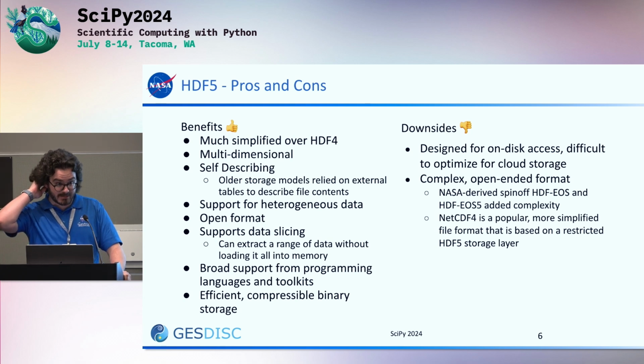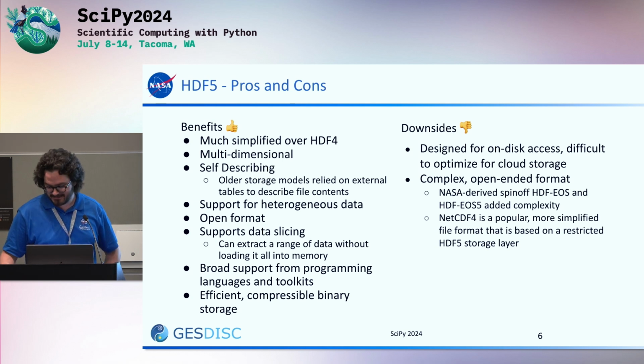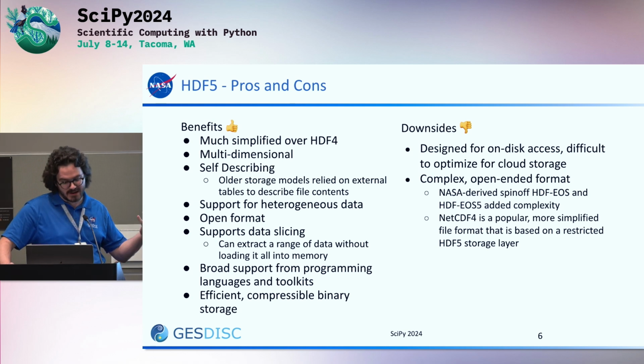It's self-describing, which shouldn't sound like a huge benefit, but if you were working with data in specifications that were created before the 1980s, you had to use external tables and stuff to actually describe what the data inside is. It supports heterogeneous data. It's an open format, open source. It supports data slicing and has very broad support of different programming languages and toolkits. And it's efficient. It stores data in compressible binary blocks.